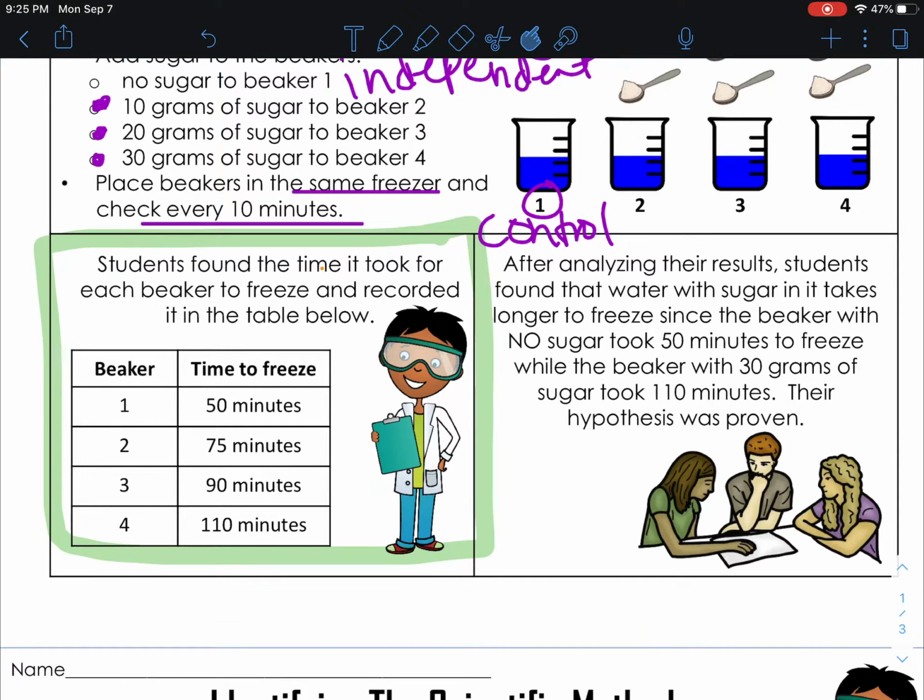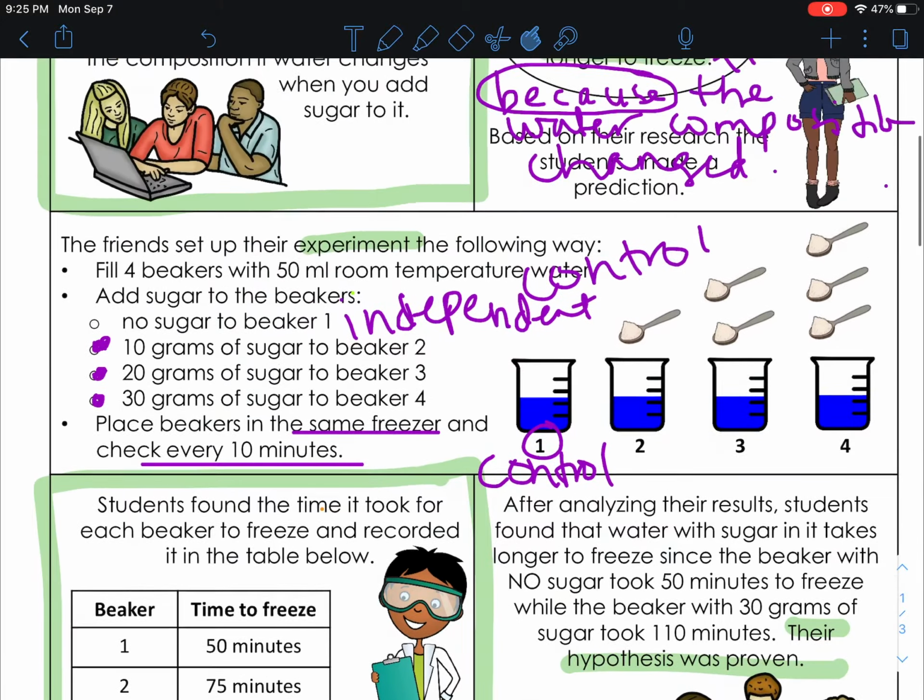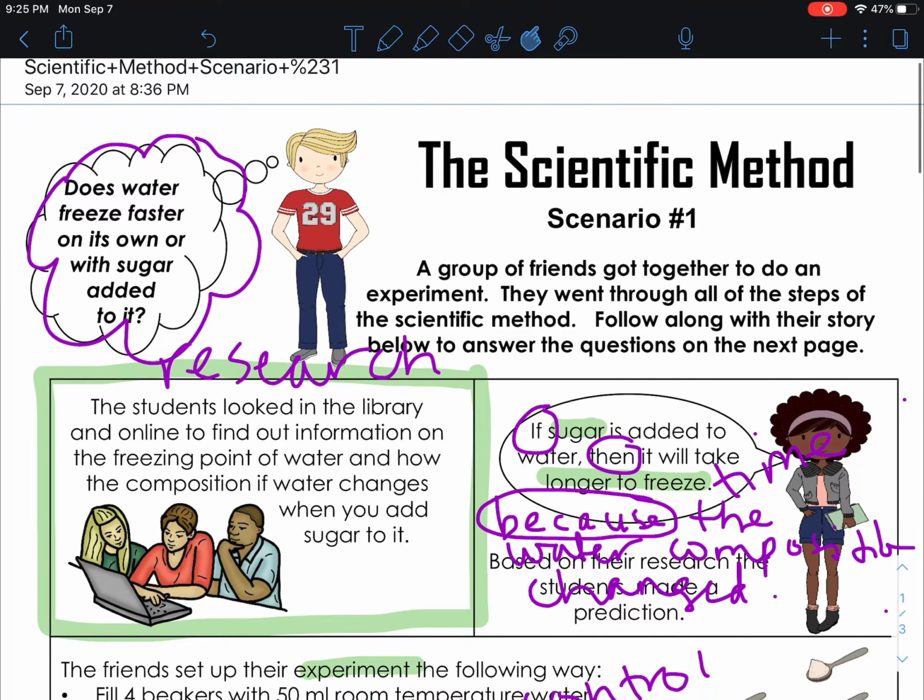So after analyzing their results, the students found that water with sugar in it takes longer to freeze, since the beaker with no sugar took 50 minutes to freeze, while the beaker with 30 grams of sugar took 110 minutes. Their hypothesis was proven. Remember, if we go up here and we were wondering, well, what was their hypothesis?